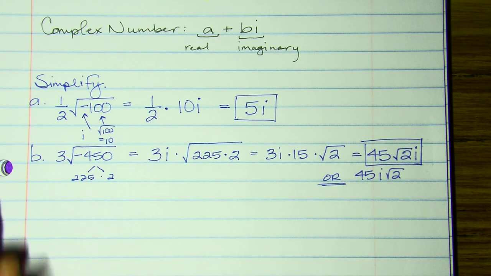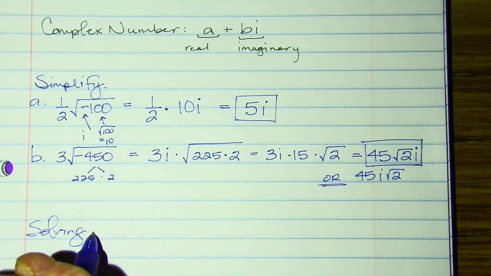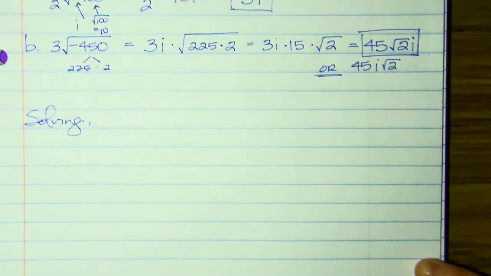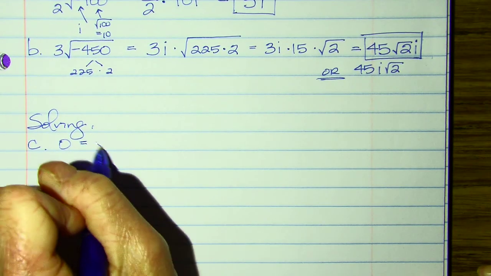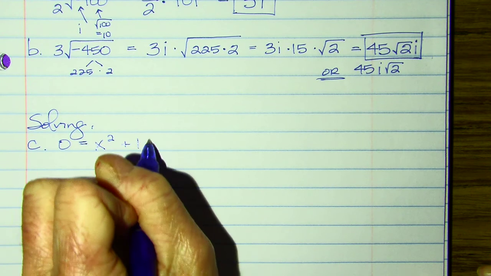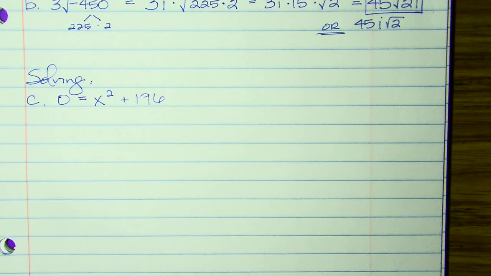All right, the next couple pieces are on solving. Part C in our book says 0 equals x squared plus 196. Now notice I don't have just x, I have x squared plus 196.